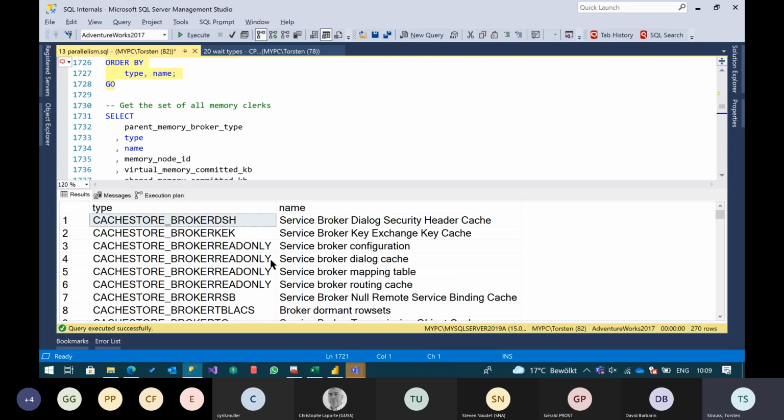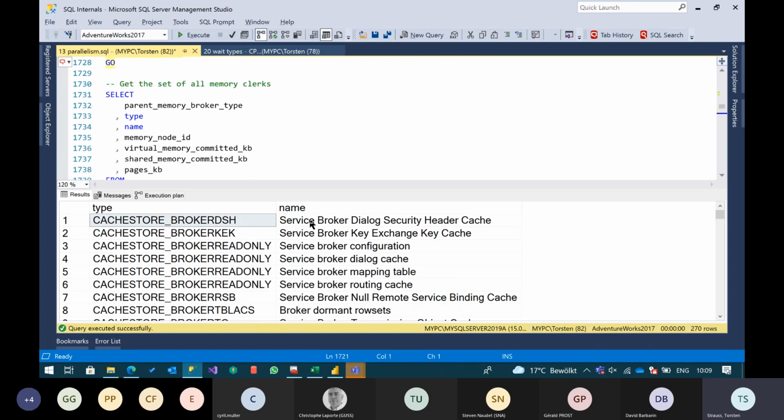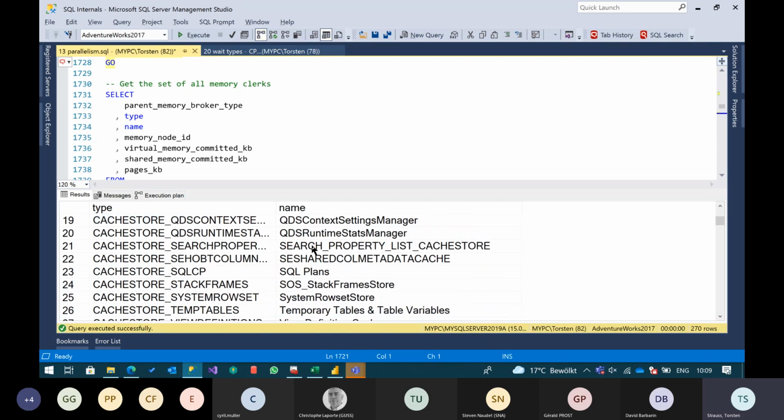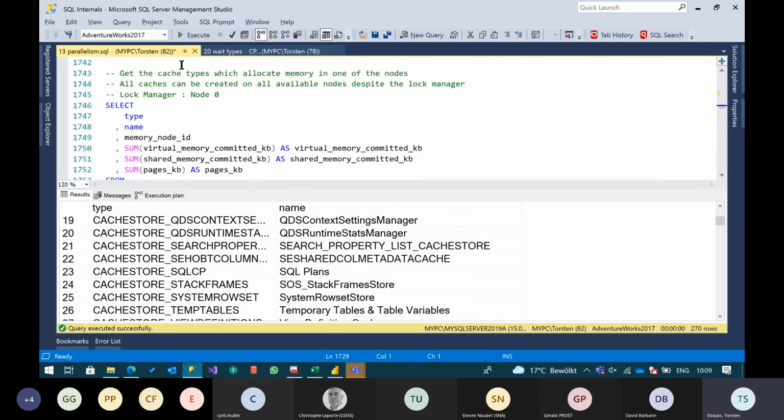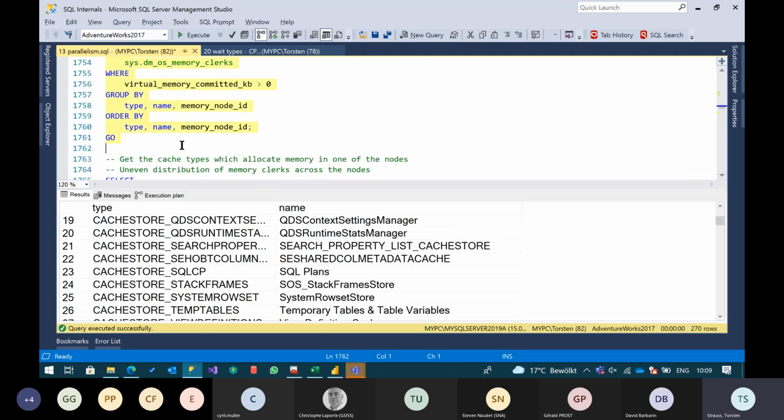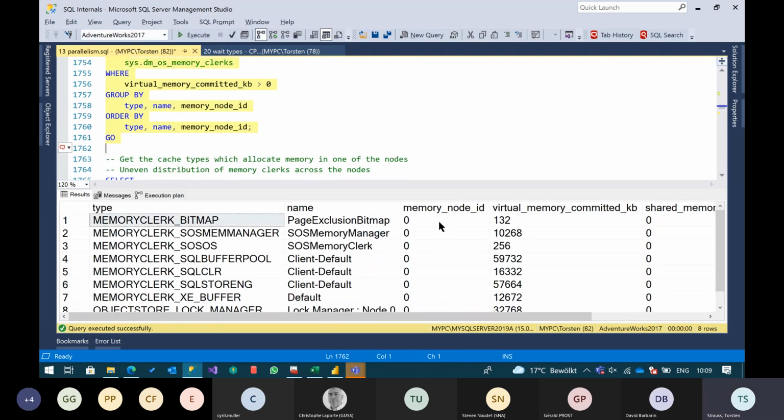That means we have 270 memory clerks available, and these are all the memory clerks. What you also have to understand is that every memory clerk is bound to a specific node. And the node is nothing else than the NUMA node.